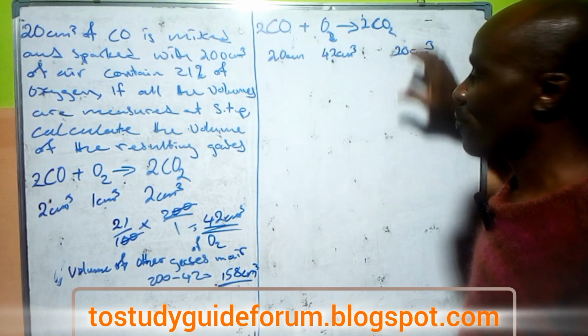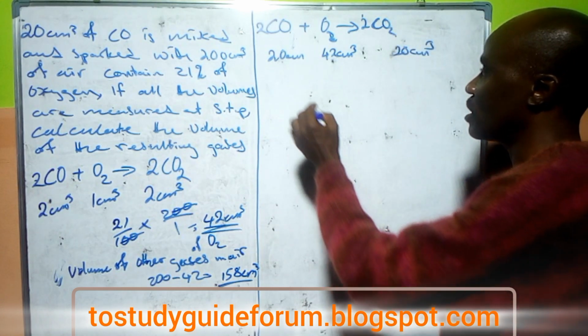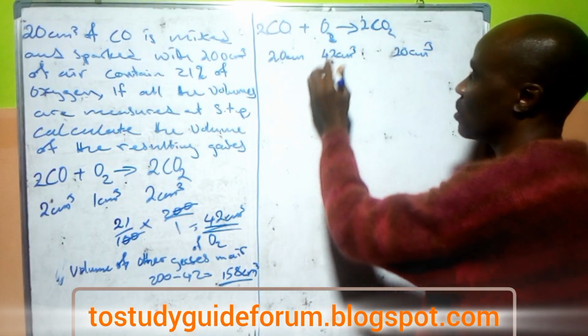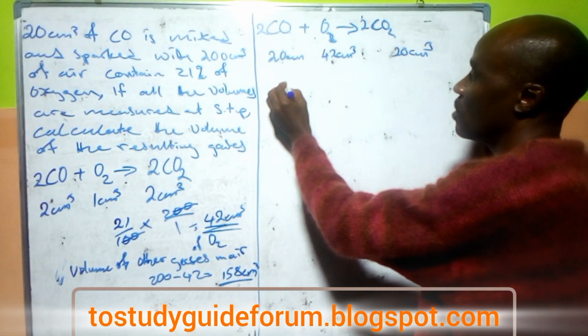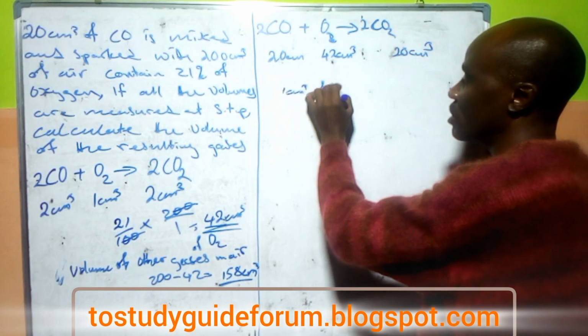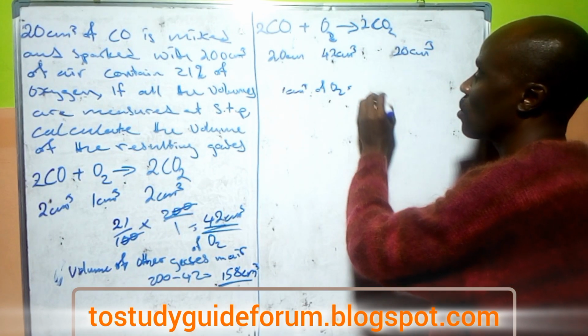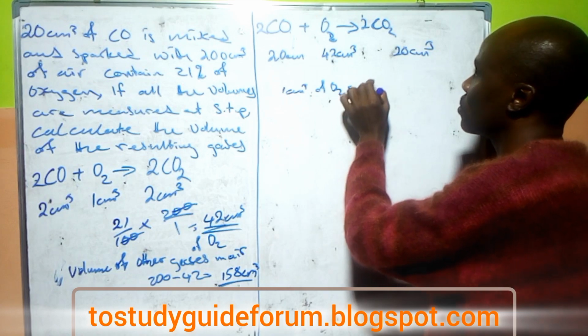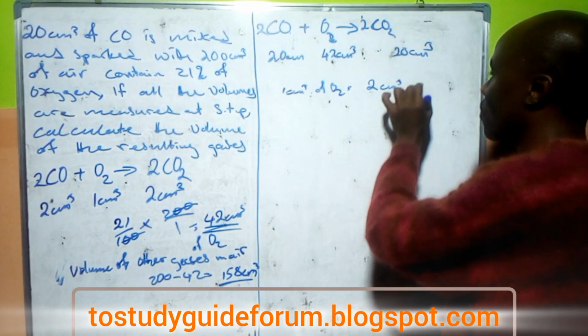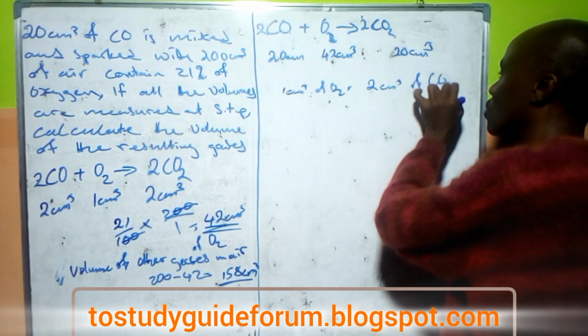84 cm³ of carbon(IV) oxide. That is to say, based on this ratio, 1 cm³ of oxygen will give us 2 cm³ of carbon(IV) oxide. Remember, we're looking at the product.